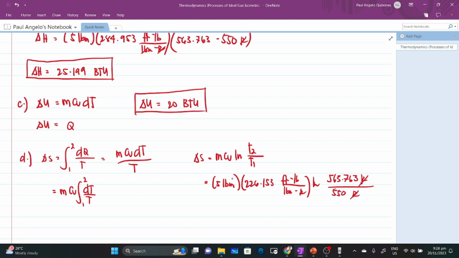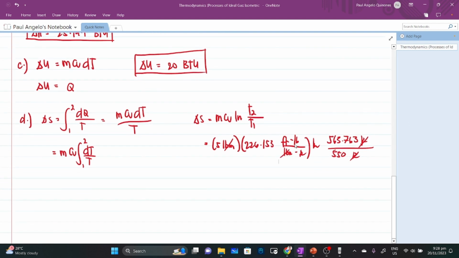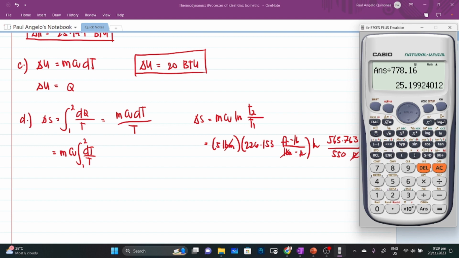Rankine and pound mass cancel out, so as you can see, it is in foot-pounds per Rankine. This is 5 times 226.153 multiplied by the natural logarithm of 563.763 divided by 550, which equals 27.974.